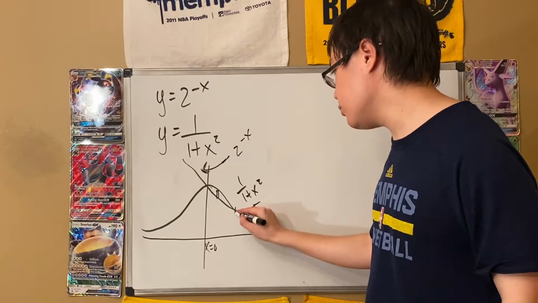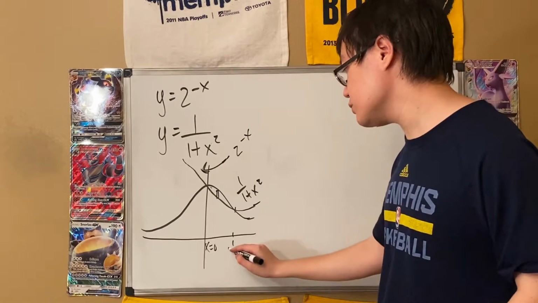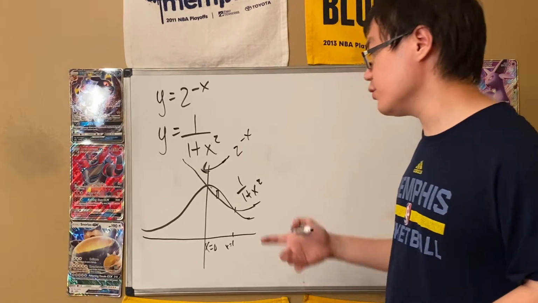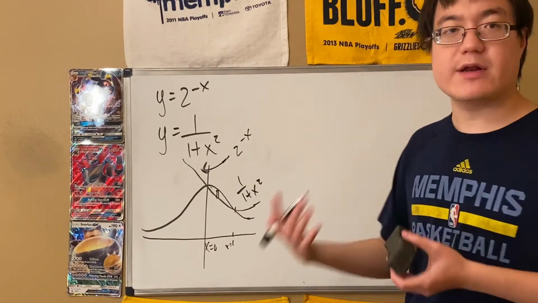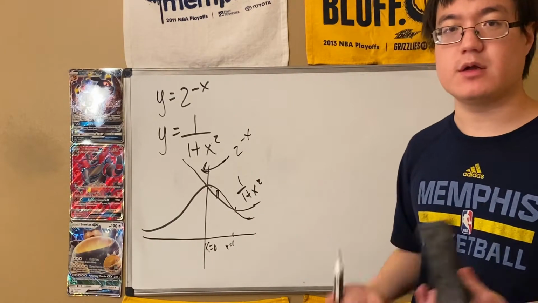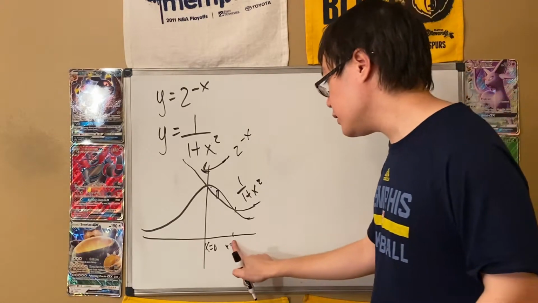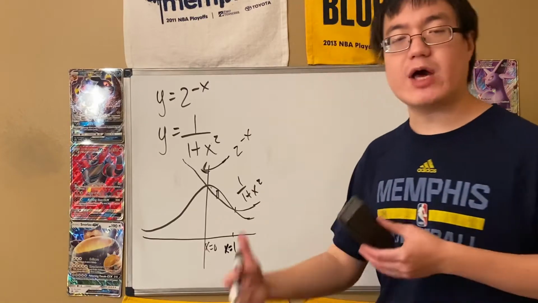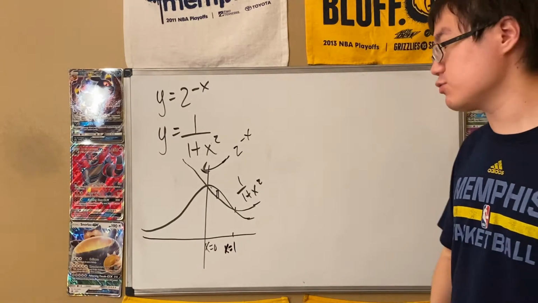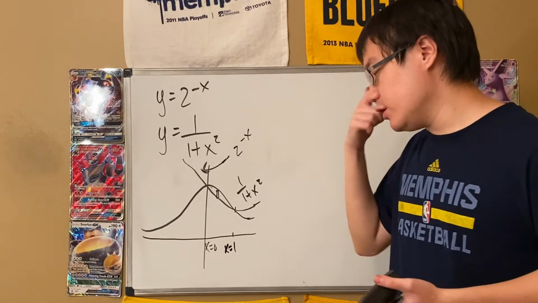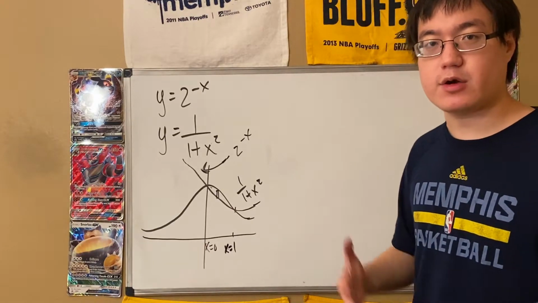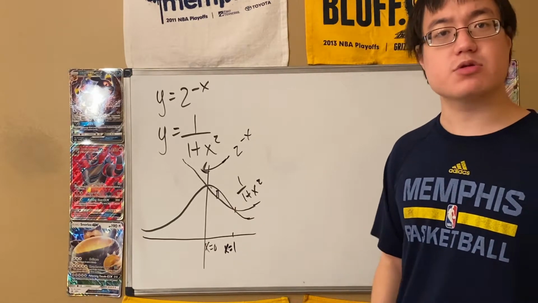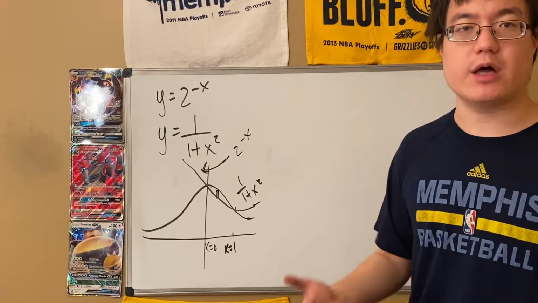The other intersection point is going to be x equals 1 as well, because notice that when you plug this in, you're going to get 2 to the negative 1, that's 1/2, and also 1 over 1 plus 1, which is 1/2 as well. But again, what I would not focus on is trying to find these intersection points. Potentially, you have to do algebra. We'll do algebra in the next one as well. Usually, the points are given or you have a calculator, and as long as you can use those tools to find the intersection points, you'll be good in a lot of the cases.